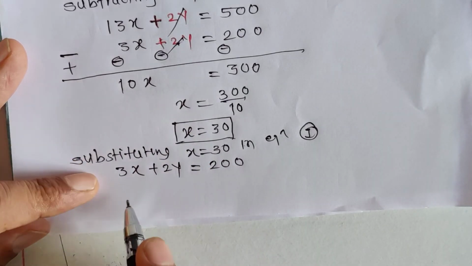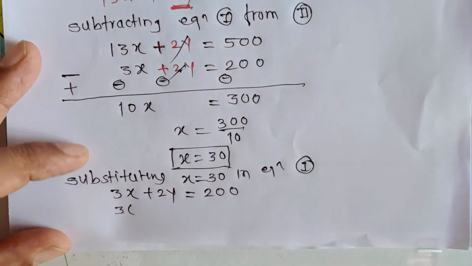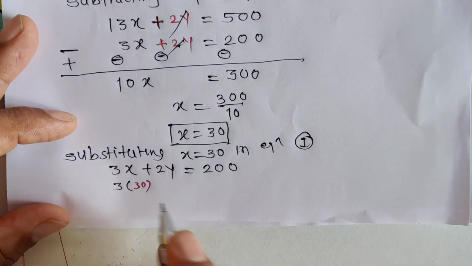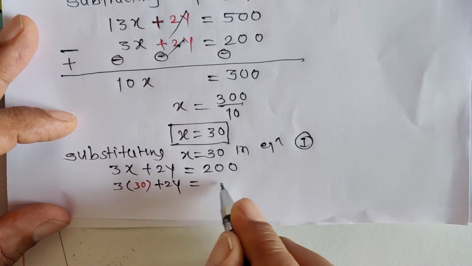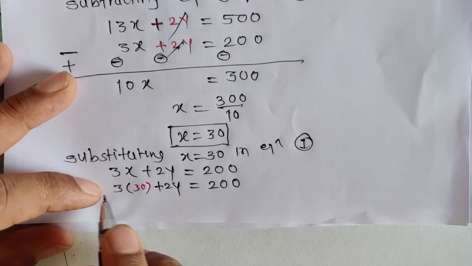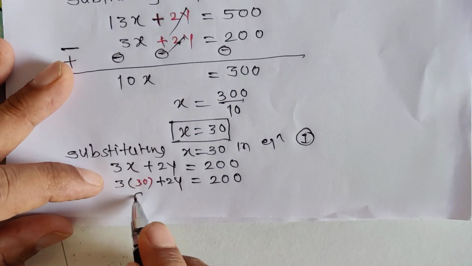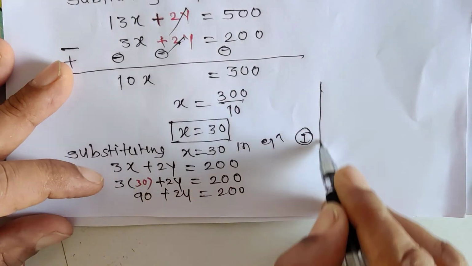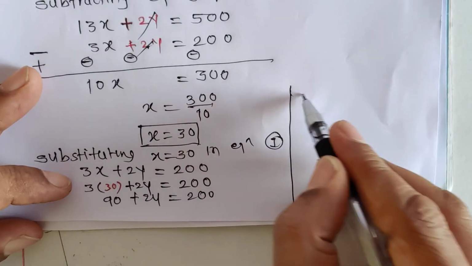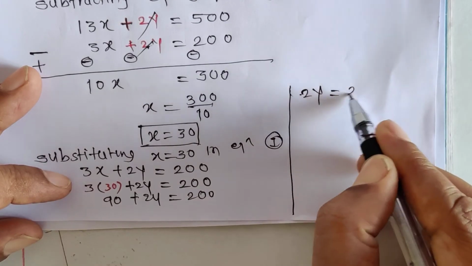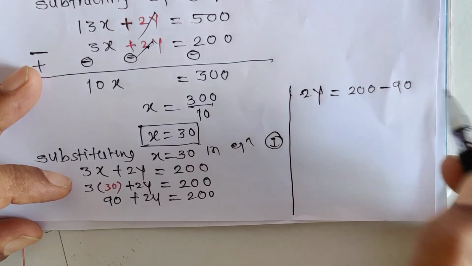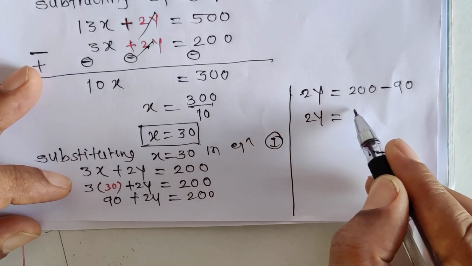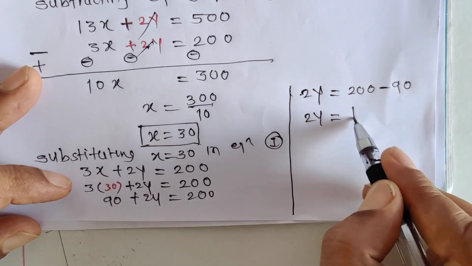Now substitute x. 3 into the value of x, which is 30, plus 2y is equal to 200. So 30 3s are 90 plus 2y is equal to 200. So 2y is equal to 200 minus 90, which means 110.